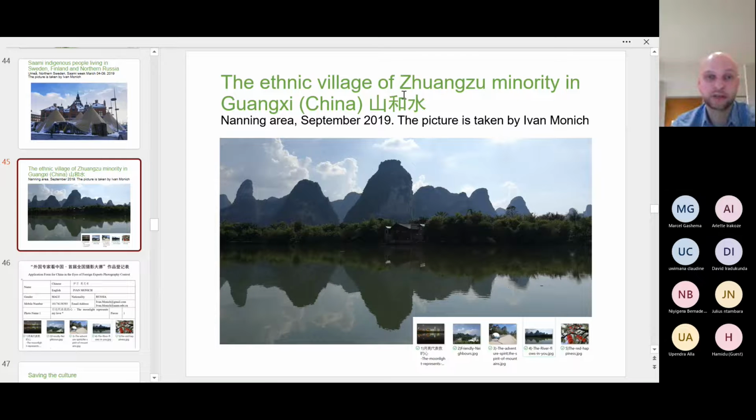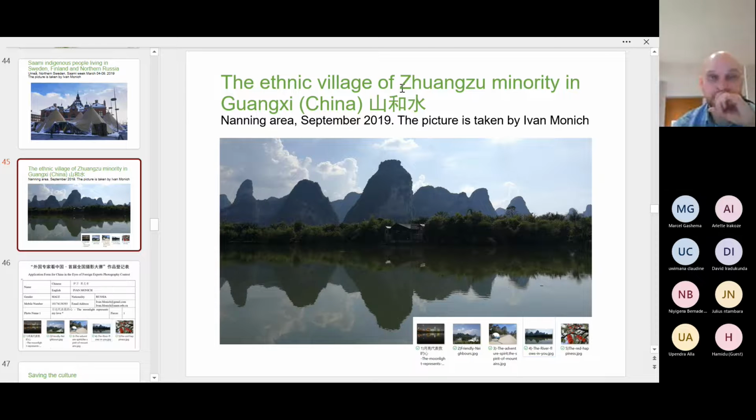Here you can see the example of the ethnic village. The Zhuang, the local minority, are making money from the tourism industry by organizing the ethnic village. So if you'd like to observe and experience the traditional way of living of the Zhuang, you can go to this ethnic village.